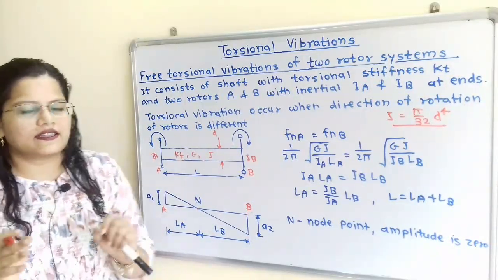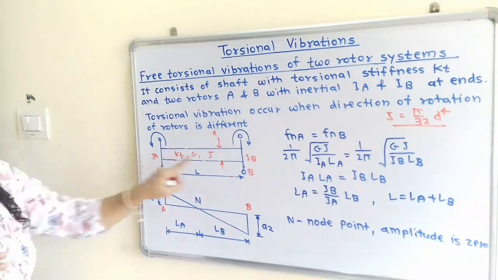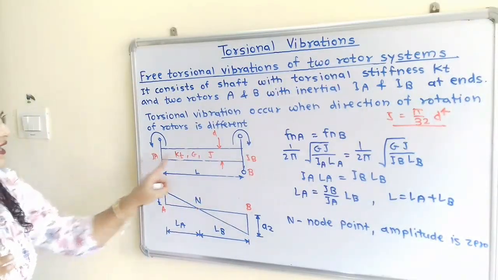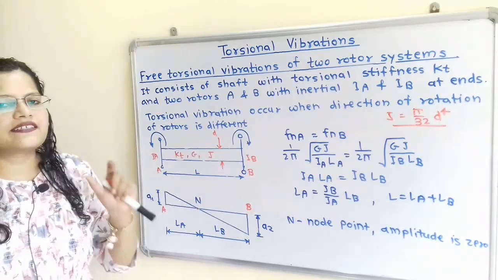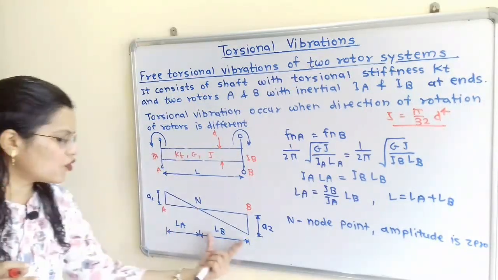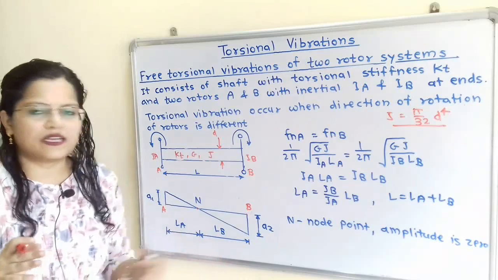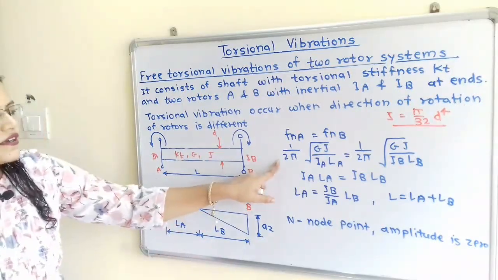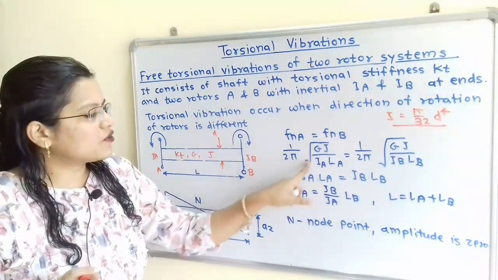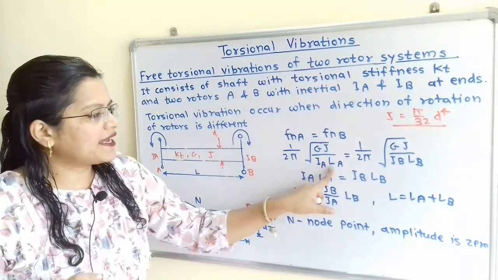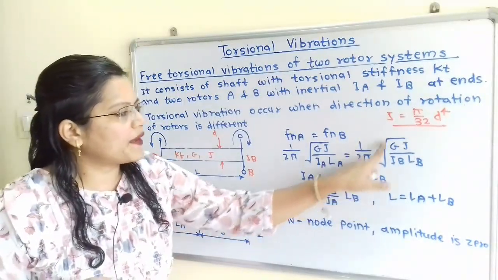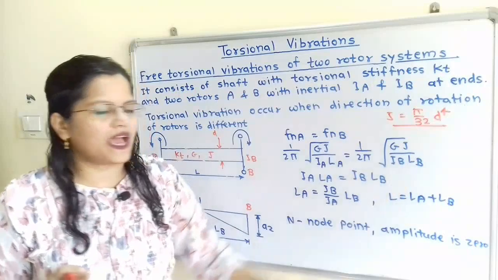But I and L, that is the mass moment of inertia for these two rotors, is different, Ia and Ib, and L, the length, is also different from the node point, that is LA and LB. So we will write here 1 by 2 pi under root of GJ divided by Ia LA, which is equal to 1 by 2 pi under root of GJ divided by Ib LB.